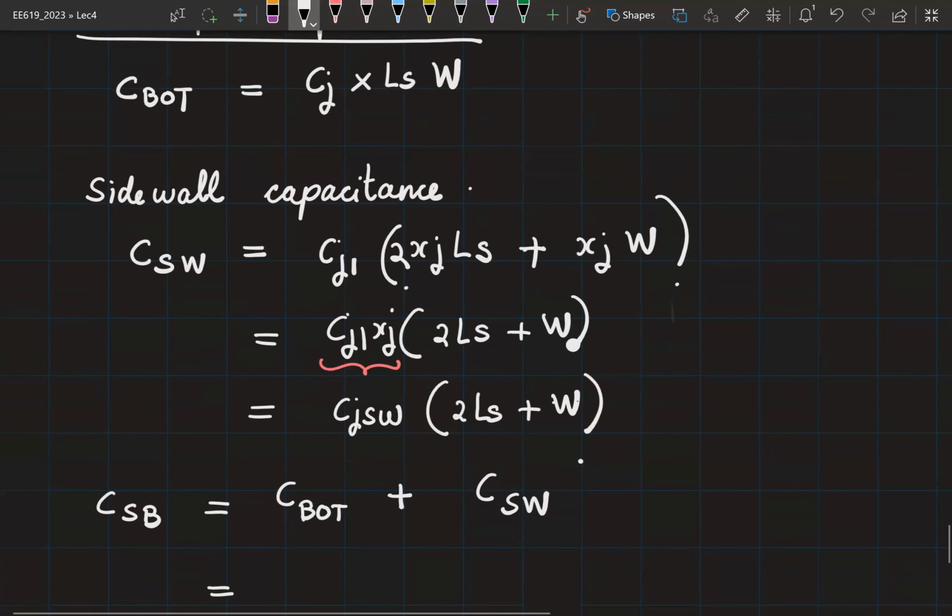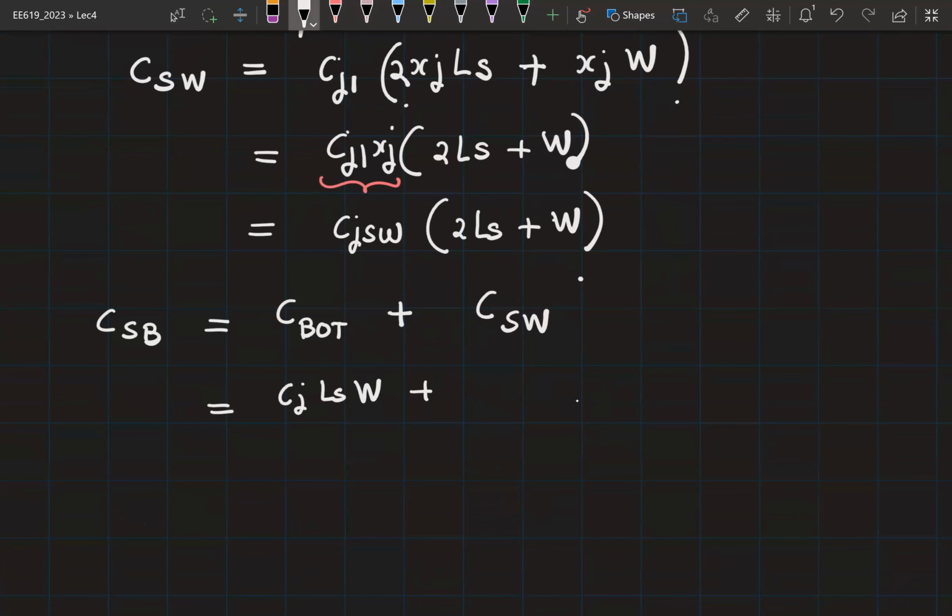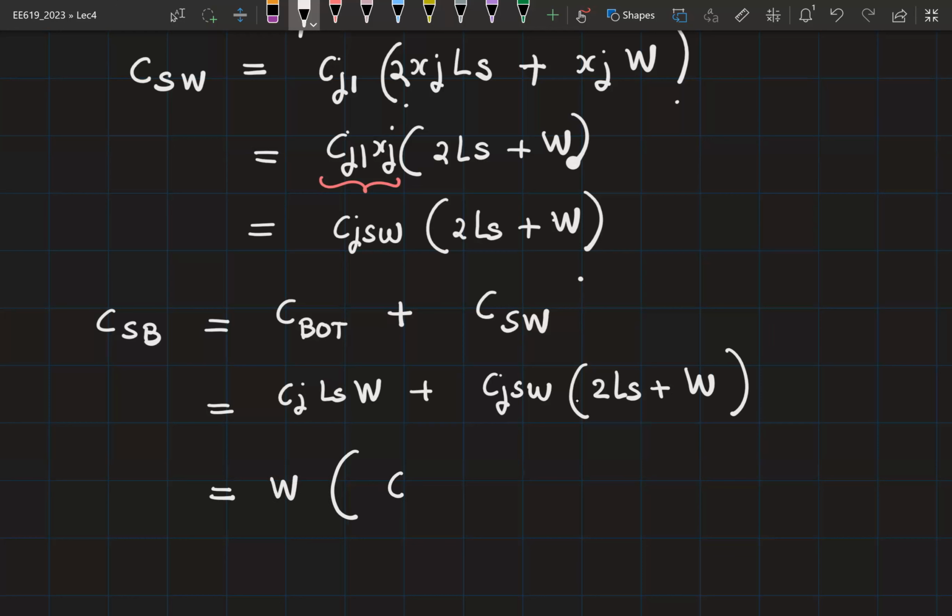And this is given by Cj into Ls into W plus CjSW into 2Ls plus W. As before, W is a design parameter, so I will take it outside. So this becomes W times Cj into Ls plus CjSW into 2Ls by W plus 1.